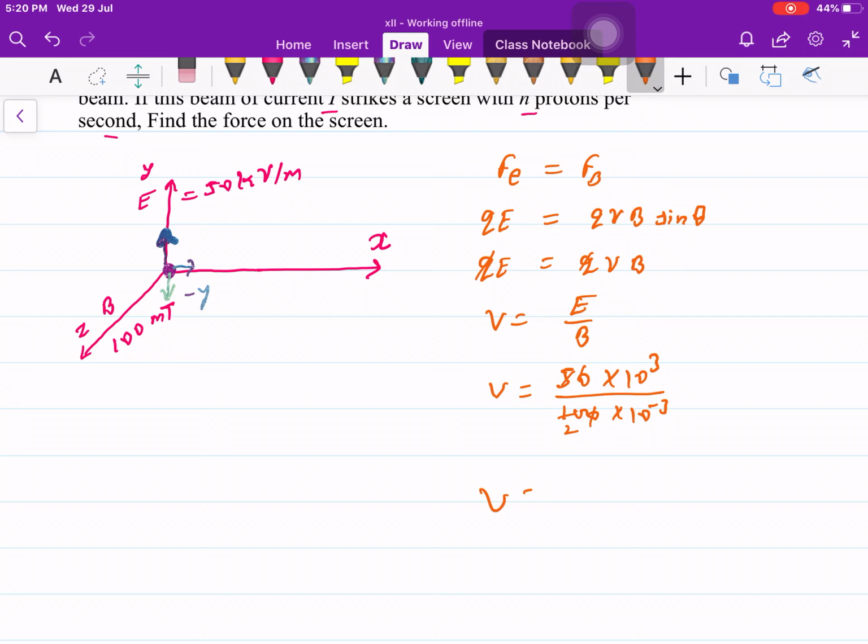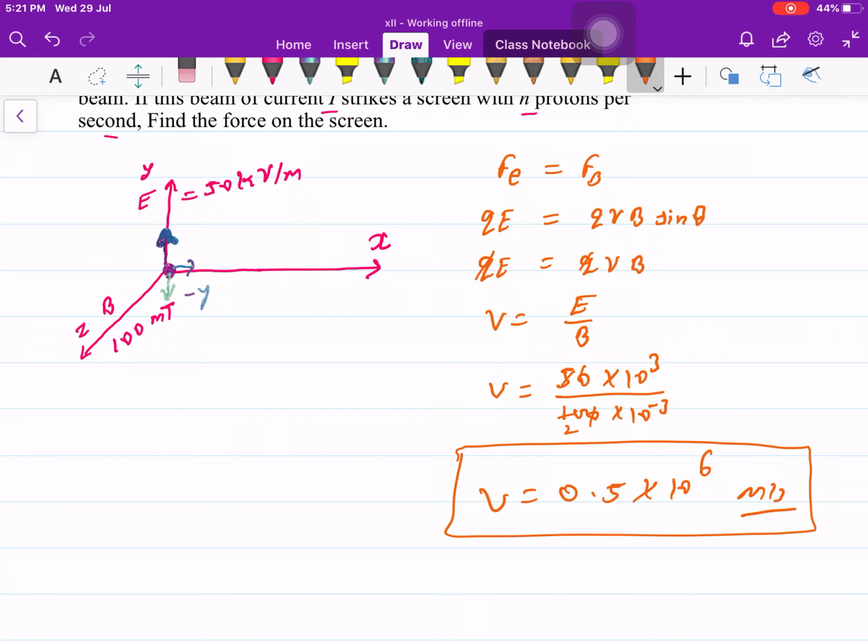Let's see, V is equal to 0.5 into 10 to the power 6 meter per second. So it will be the speed of the beam of proton which is passing through mutually perpendicular electric and magnetic field. So this is the first part which we have done.